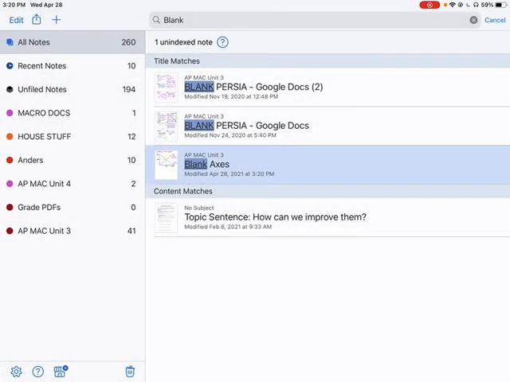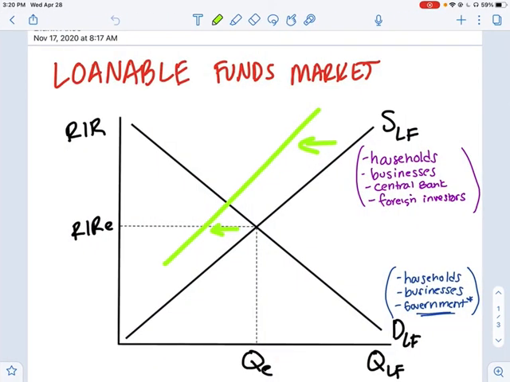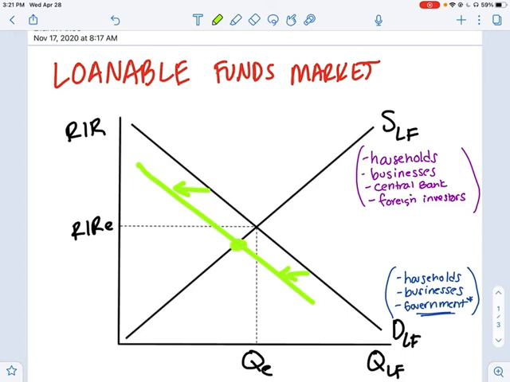If we see the demand for loanable funds decrease, because we see stories that say things like households borrowing less, businesses borrowing less, the government is borrowing less, we're going to see the demand for loanable funds shift to the left, and we're going to see real interest rates fall.